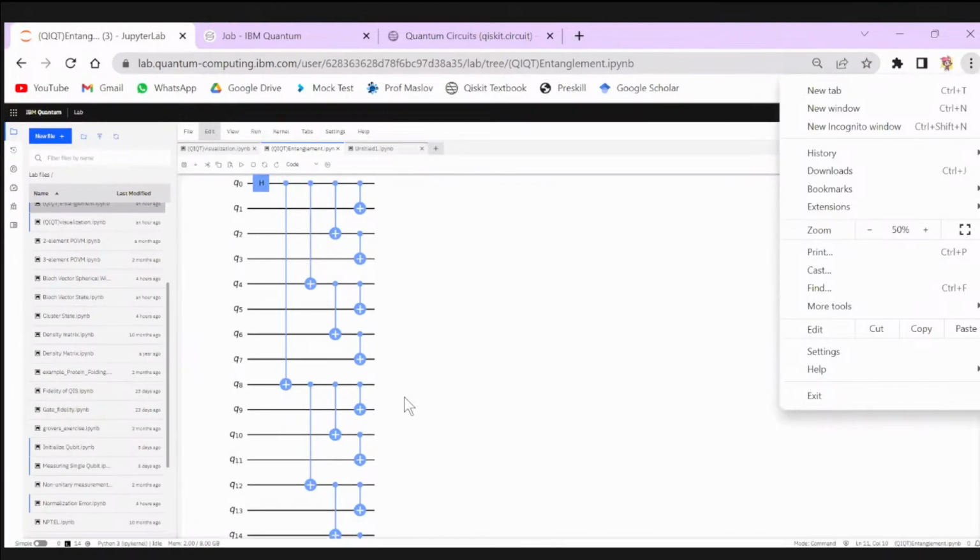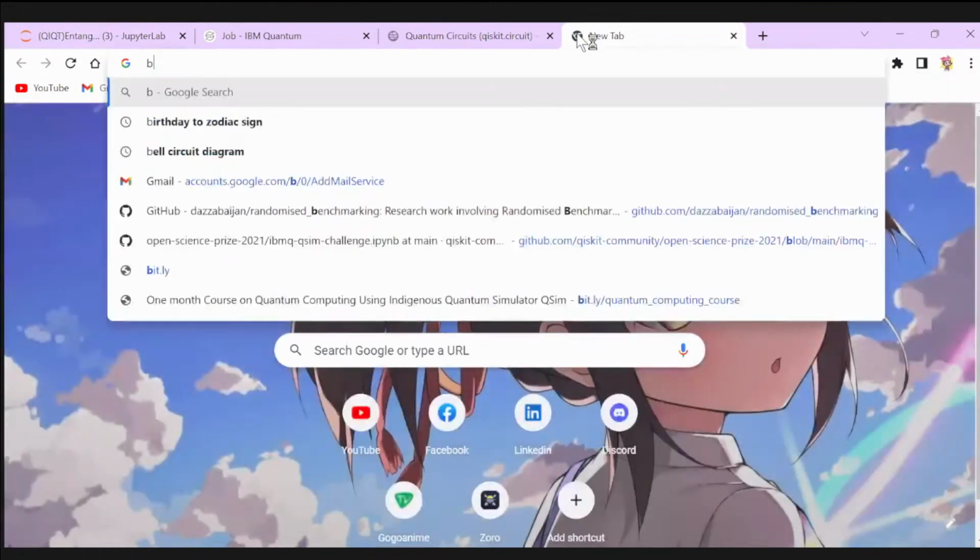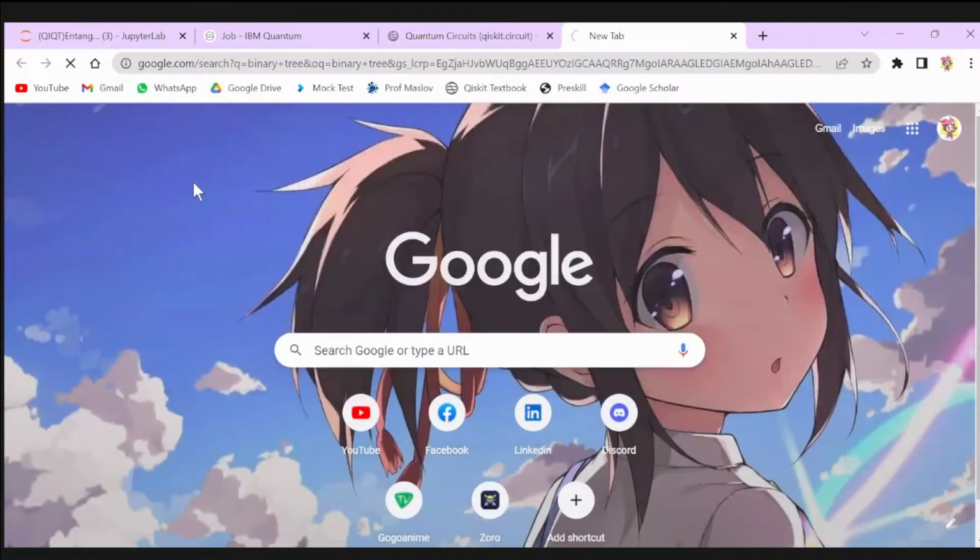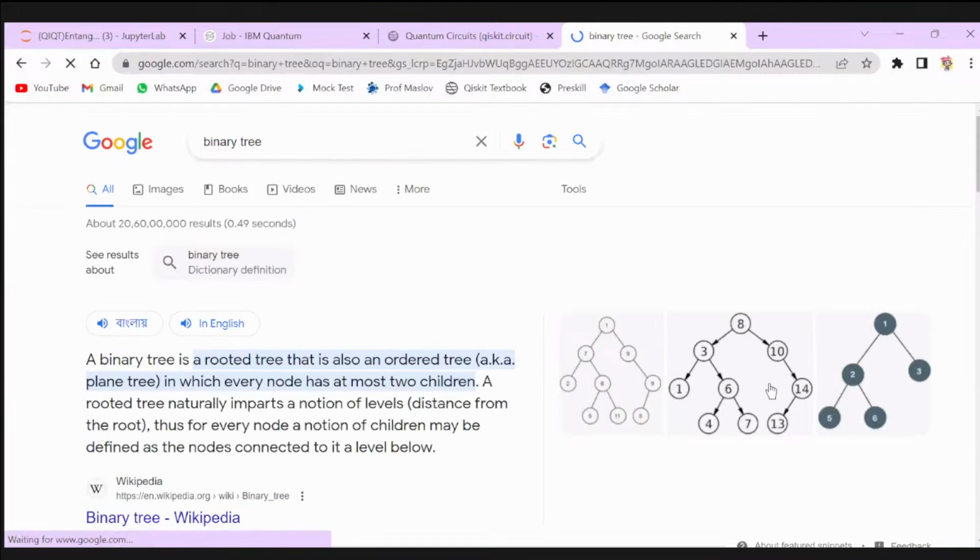This is a binary tree formation. So you can see this is the binary tree.